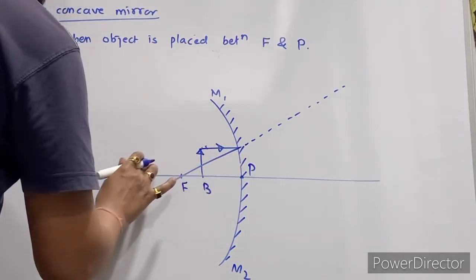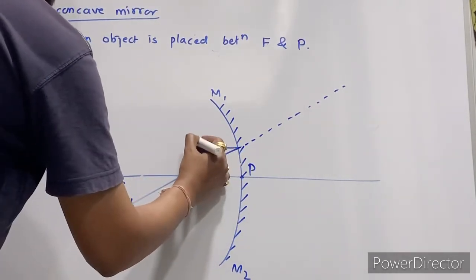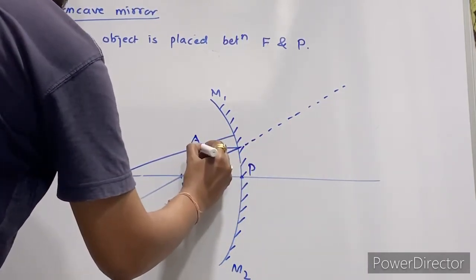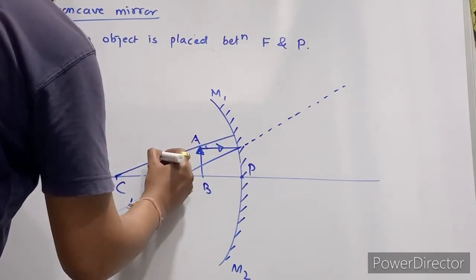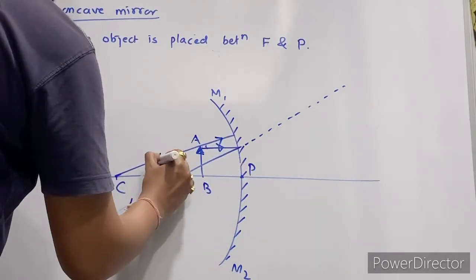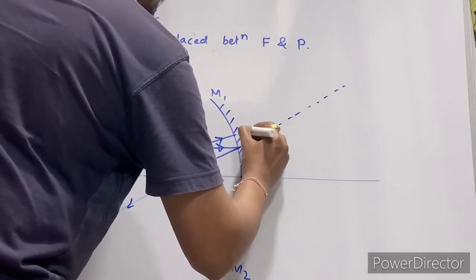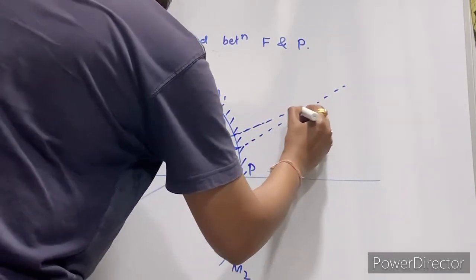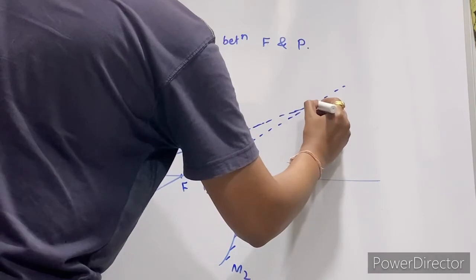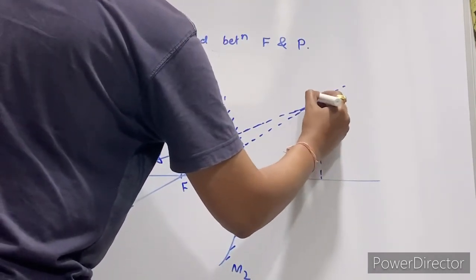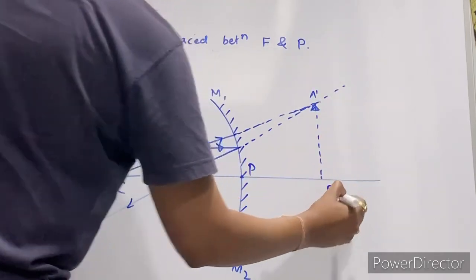This is point A. This incident ray gets reflected. I will just join this part, continuing over here. This is the point of intersection where image A dash and B dash is formed.